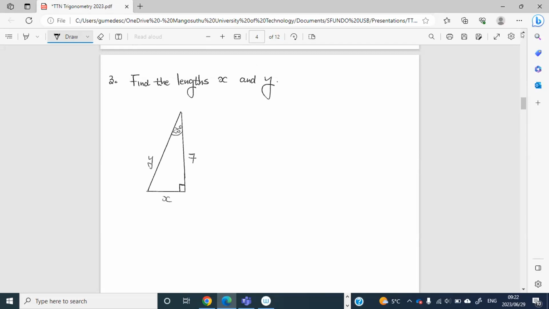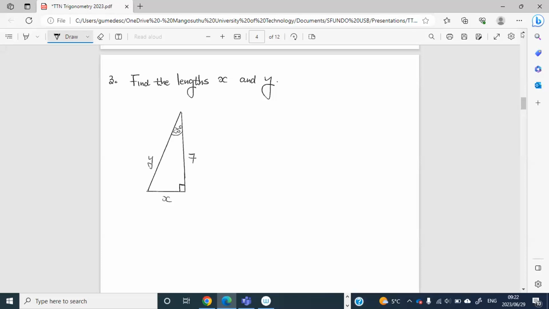What we have here is that we want to solve for x. So are we going to use sine, cos, or tan? We should be clever about this one because with respect to 25, this is opposite, this is adjacent, this is hypotenuse.